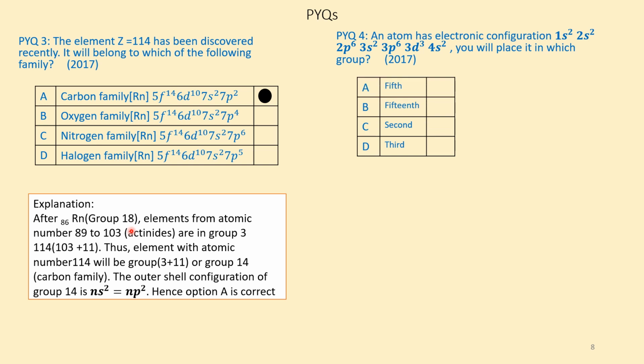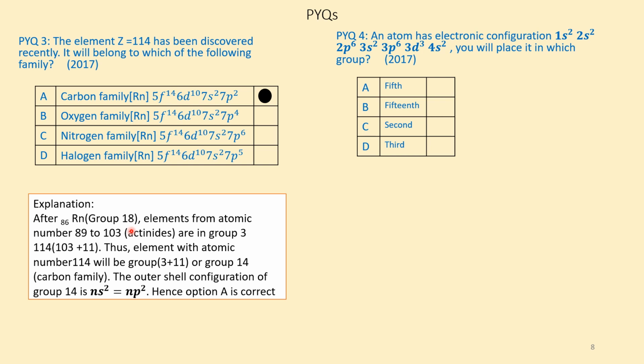Next question. An atom has electronic configuration 1s2, 2s2, 2p6, 3s2, 3p6, 3d3, 4s2. You will place it in which group? Read the question once again.